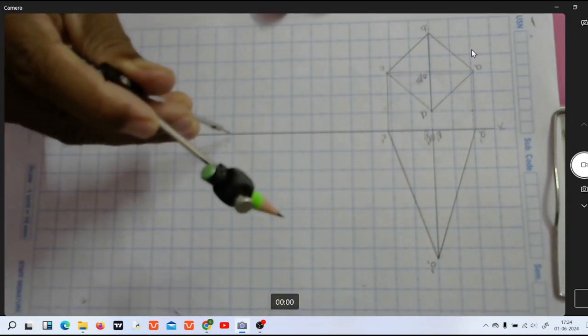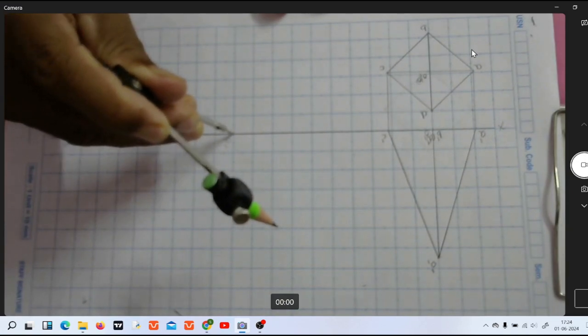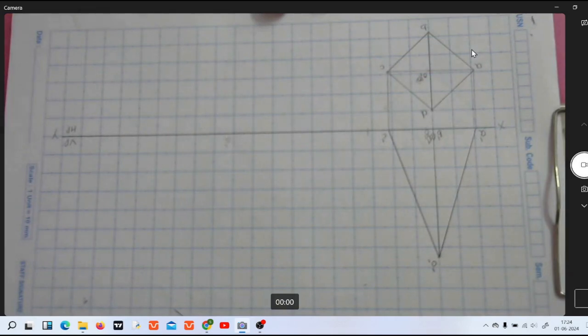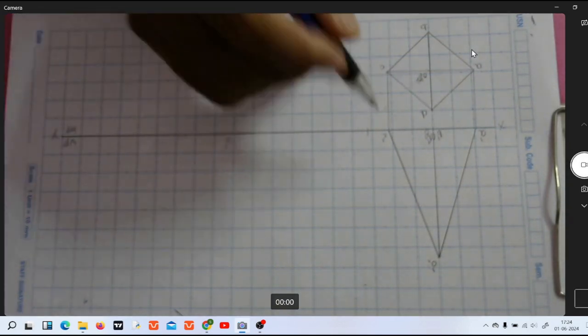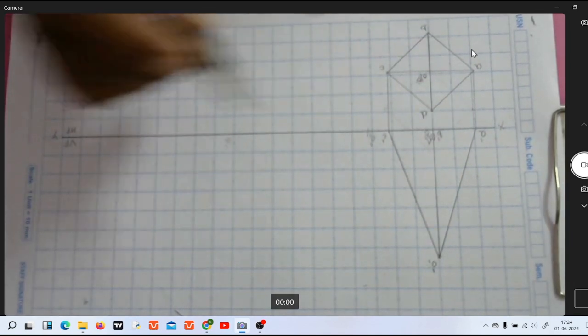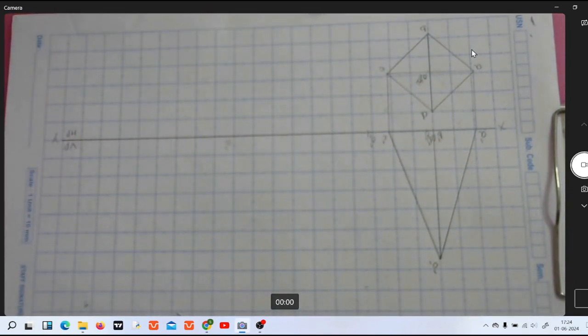So I am just going to draw O1 dash here. Now this point is what? O1 dash. That means the slant edge AO1 is going to rest on HP.